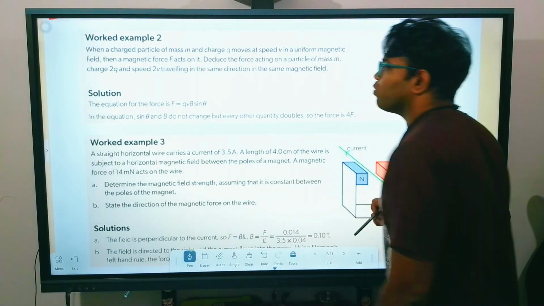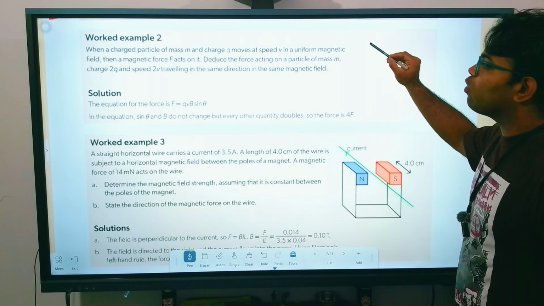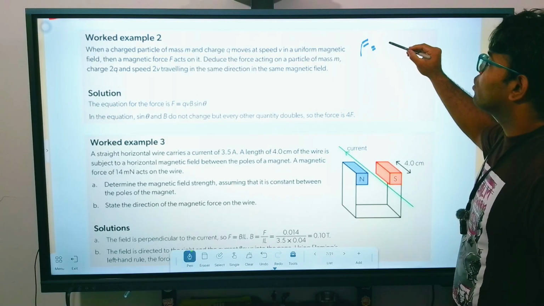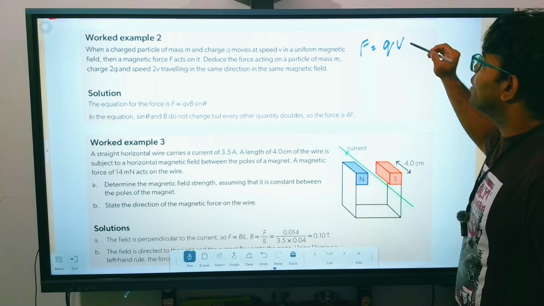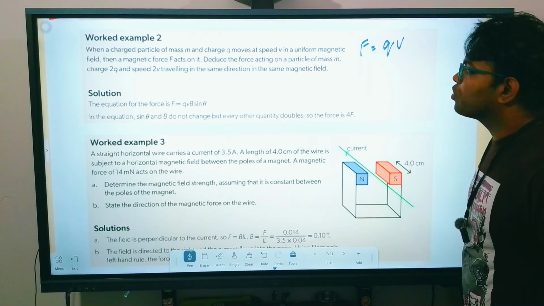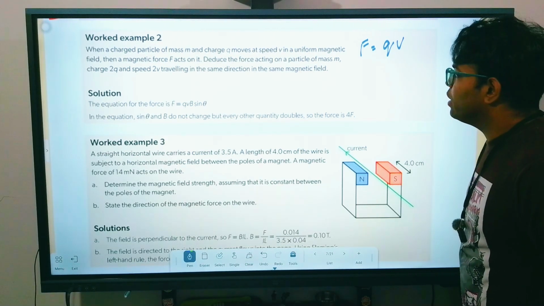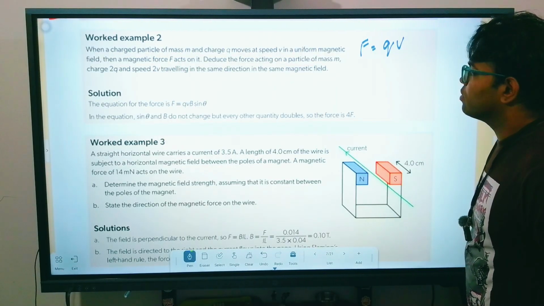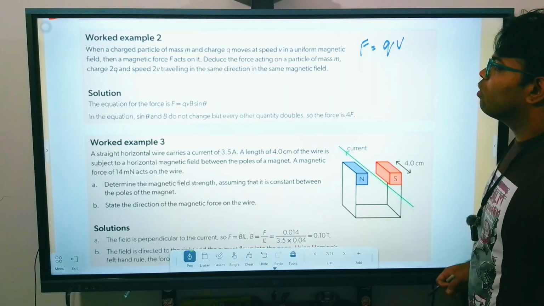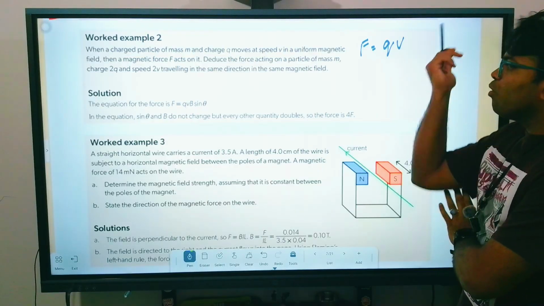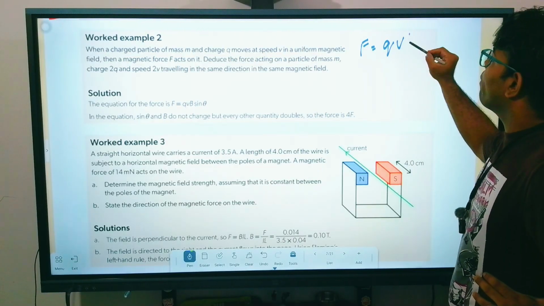So when the force was F, you had what values? Q, V, in a uniform magnetic field.